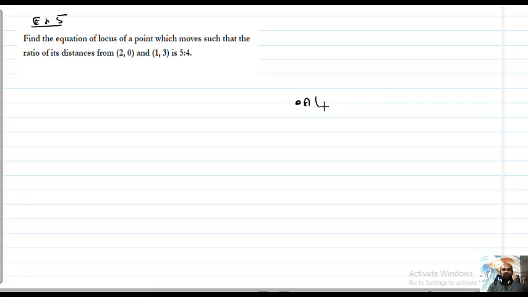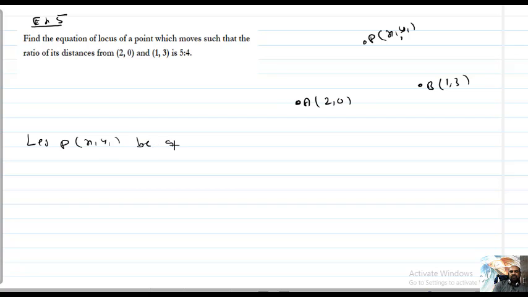Let A be a fixed point whose coordinates are (2, 0). B is another fixed point whose coordinates are (1, 3). P is moving, (x1, y1). Let P (x1, y1) be a point on the required locus.